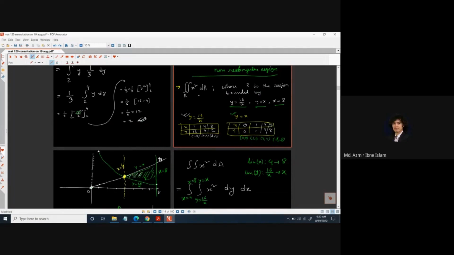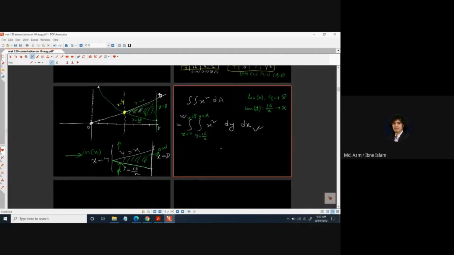It depends, but I am trying to make you understand the concept. Your question pattern will be different. Your question may be in this form or in this form. If it comes with this form, then you are lucky.